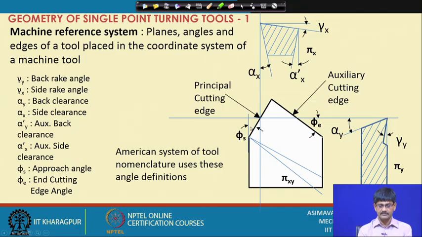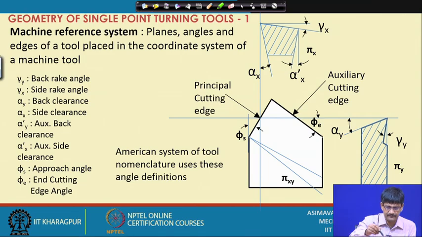Approach angle is sometimes called side cutting edge angle, and this one is the end cutting edge angle. When we have defined these, then the tool is defined with its relation with the three machine reference planes.